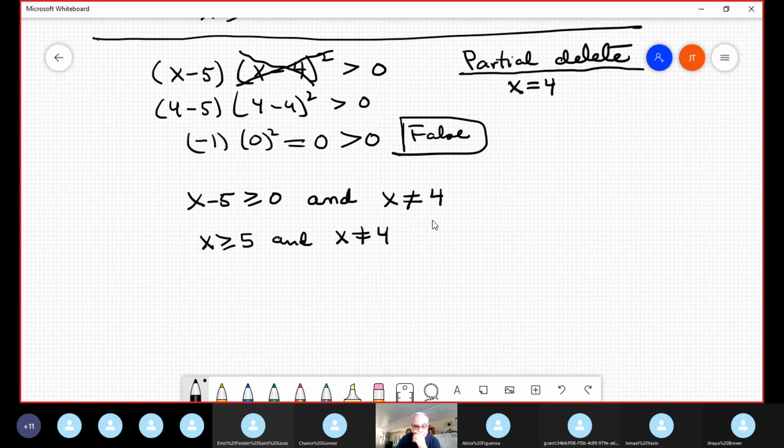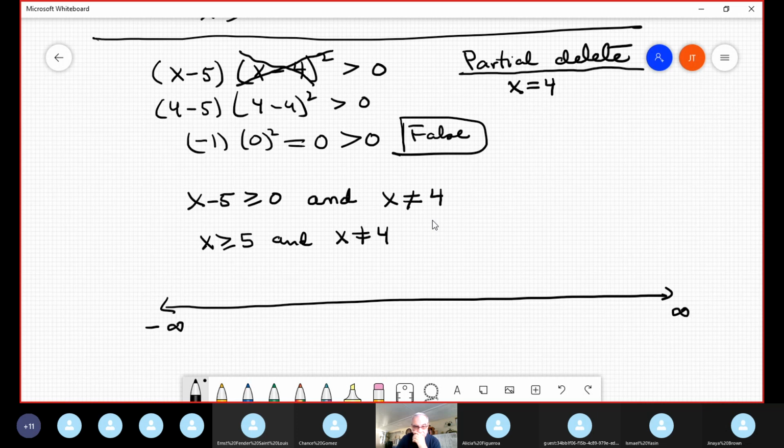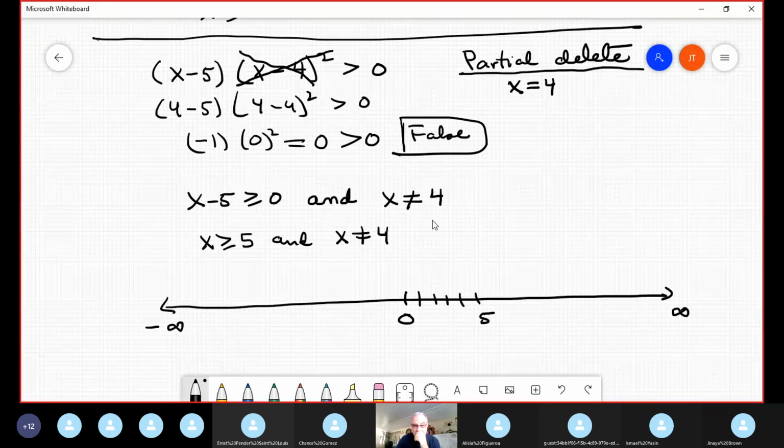Remember, as always, compound inequalities we solve graphically. So this is 0 in the middle, 1, 2, 3, 4, and 5. Now 5 is to the right.